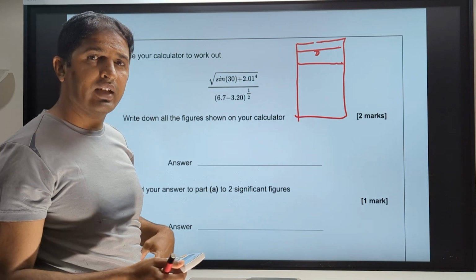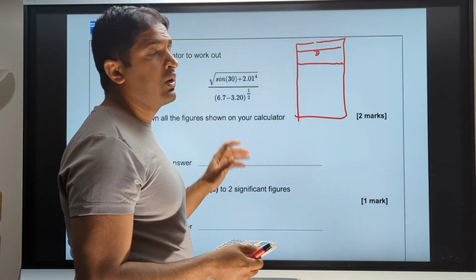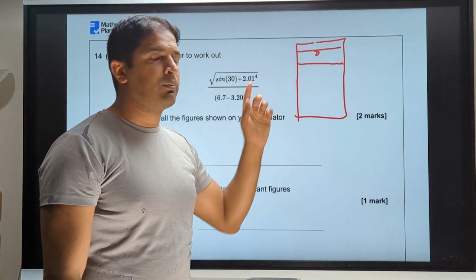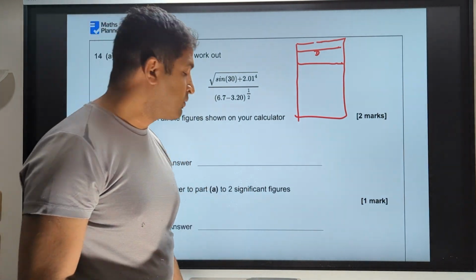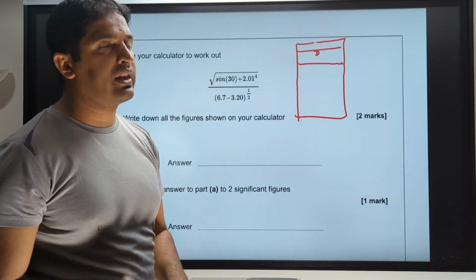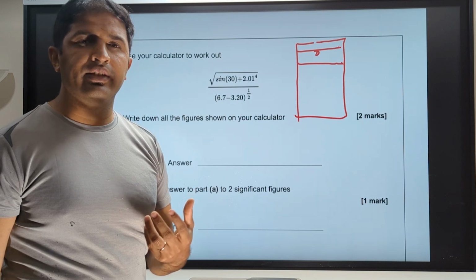It won't give you the exact number. So find out that your calculator is set in degree mode. That's all you need for GCSE foundation, even for higher. You don't need to worry about radians or any other gradians mode, okay. Just remember, keep your calculator in degree mode, so you can put in sine 30 and you're expected to know what sine 30 actually is, okay.